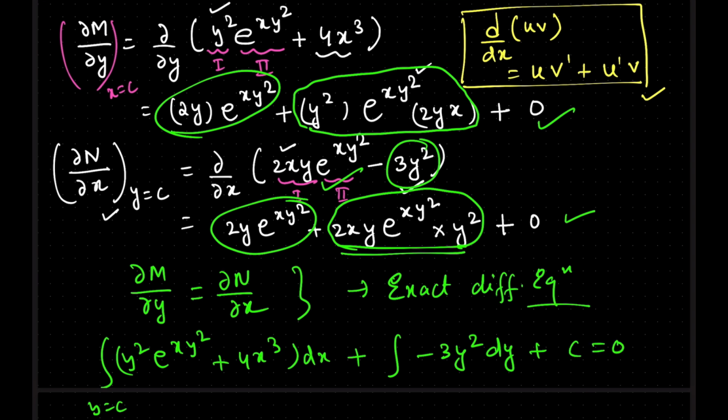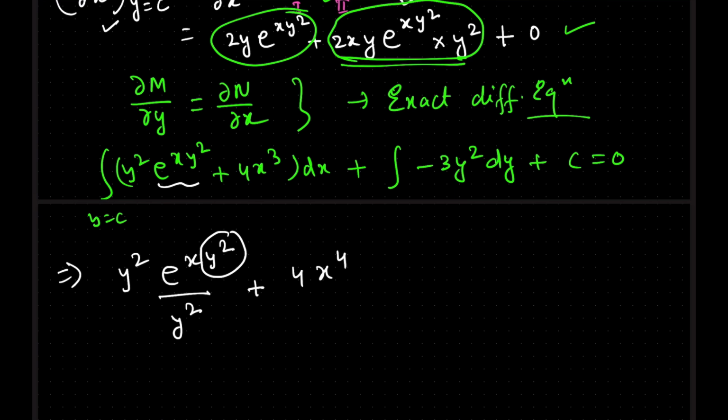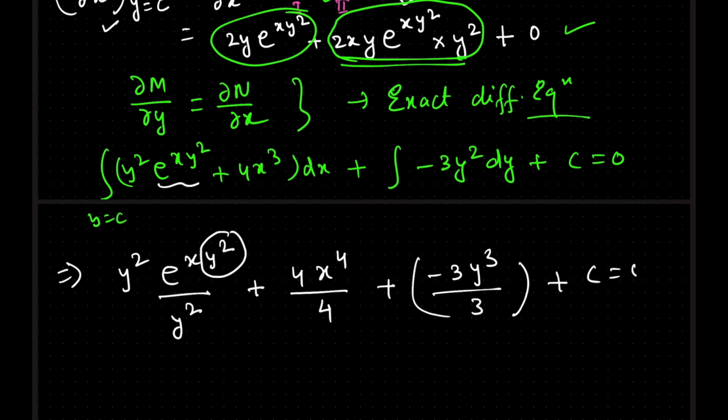Now integrate this. Here y is constant, so y will be as it is, and integrating the function of x, we get e to the power x y square, and since y square is the constant, it will come in the denominator. Then the next term is 4 x to the power 4 by 4, because we are integrating x cube, and plus we will get minus 3 y cube by 3 when we integrate the y square term, and finally plus c equal to 0.